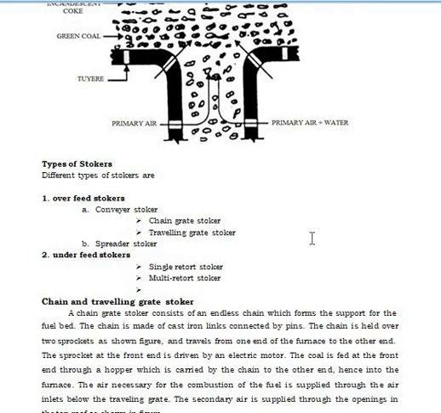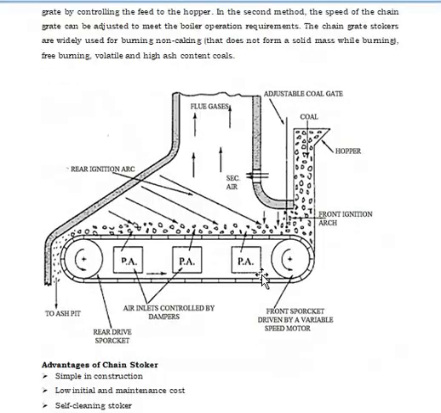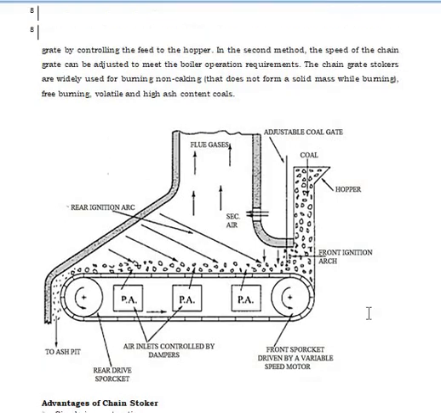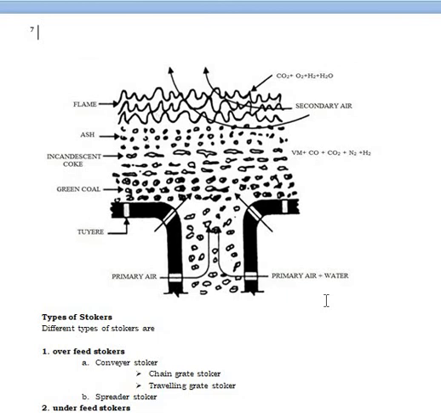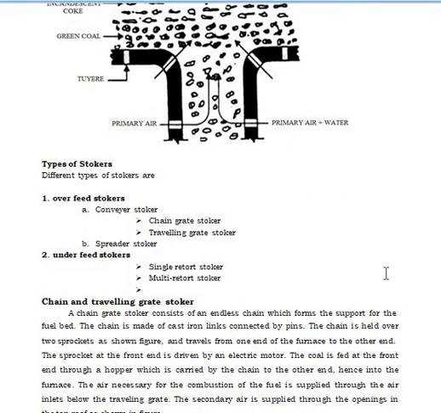The chain is held over two sprockets, which you can see in the figure, and travels from one end of the furnace to the other end. The sprocket at the front end is driven by an electric motor.